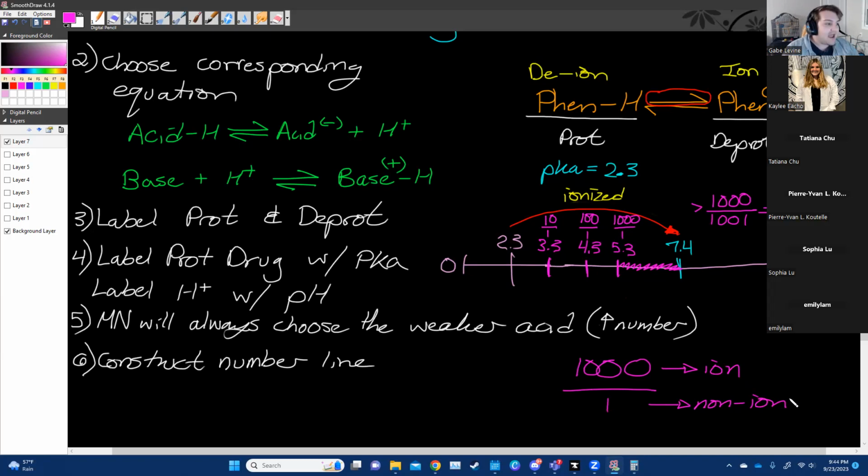So it's like in a bag, we have 1,000 ionized and 1 that isn't. But if I want to take an average of them, I would have to add them both together to get my denominator. Does that make sense? So it's 1,001 because we're adding the denominator and the numerator.